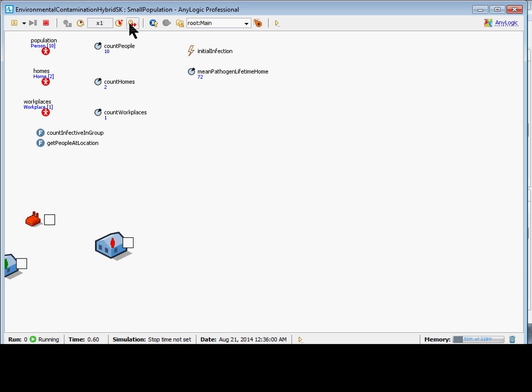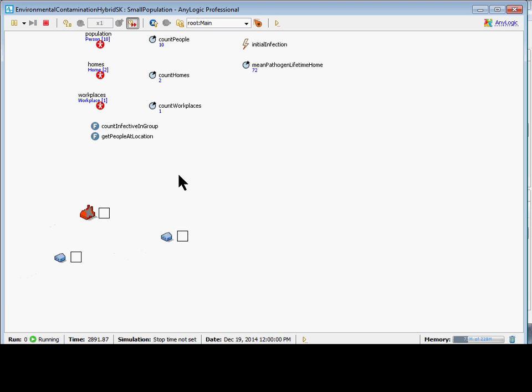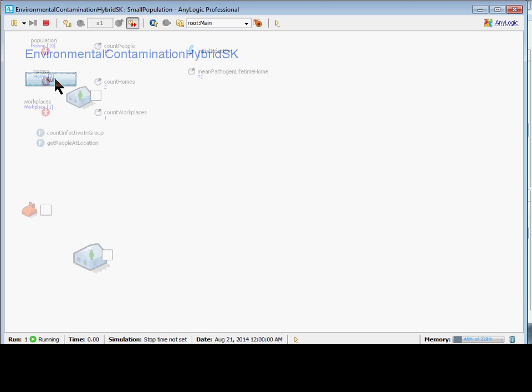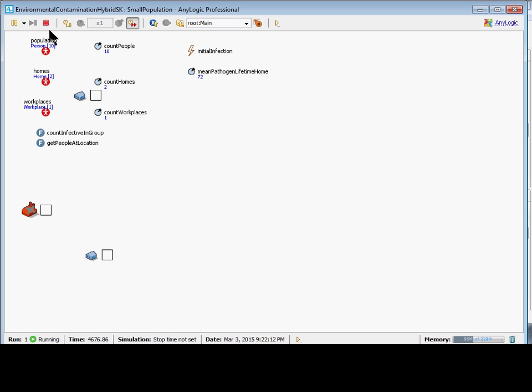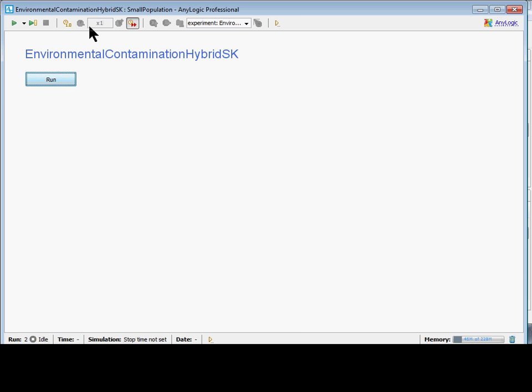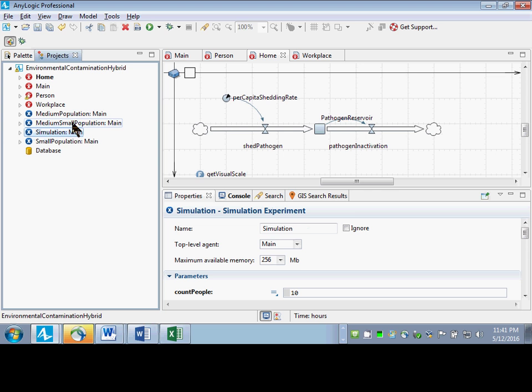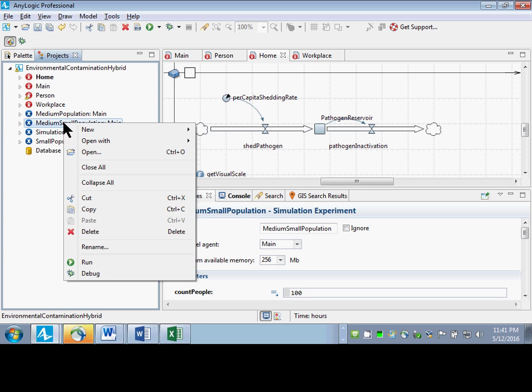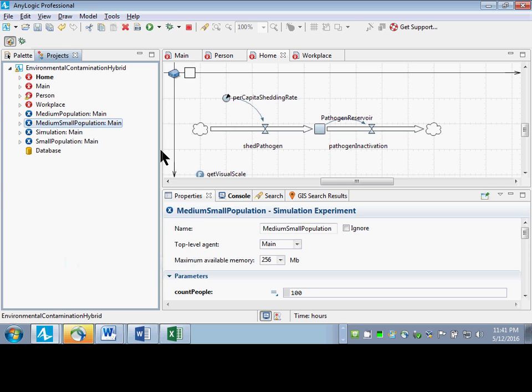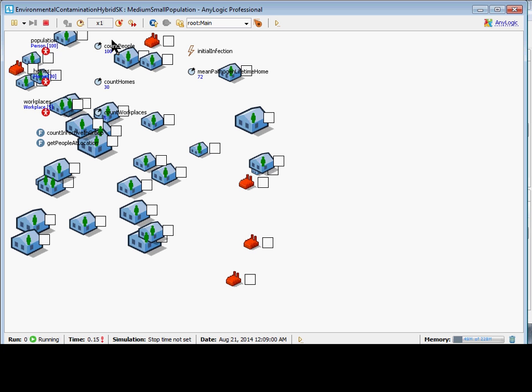Looks like this is, I see, yeah, so this only spreads for a brief time. Maybe we'll want to try the medium-small population. Let's try that. Medium-small population. So one person, I think, starts infected in this model. People go back and forth between home. And you'll notice that these, can you see this?